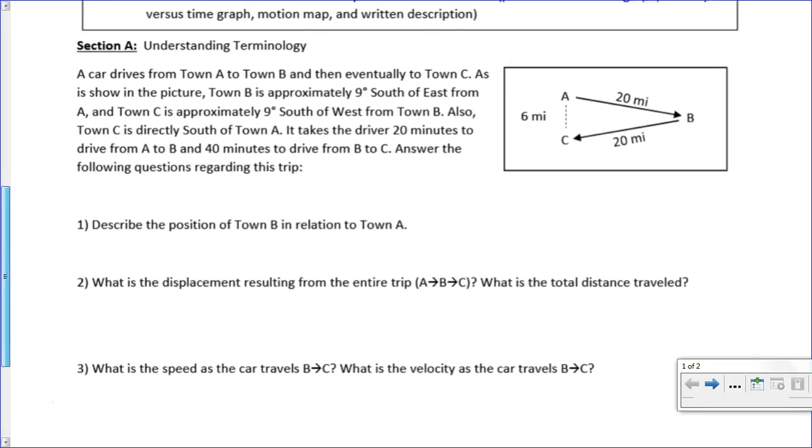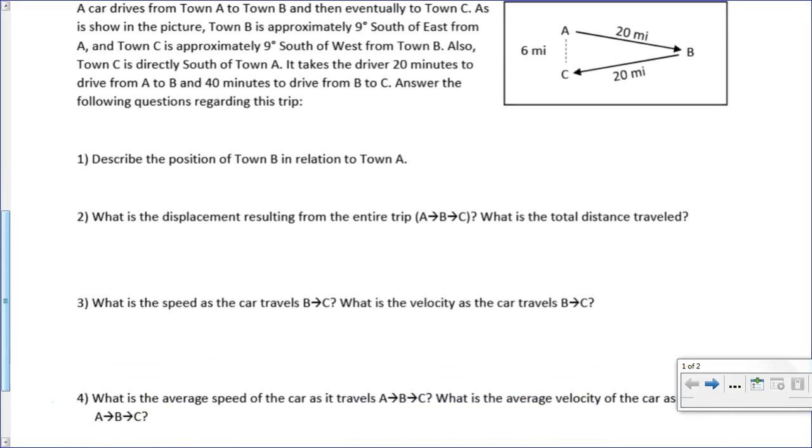So for instance, question number 1, it says describe the position of town B relative to town A. Well, you should know that position is a vector, so we need a distance and a direction. Up in the problem, I listed the direction as 9 degrees south of east. All right, so that's just right in the description above. You just have to pull it out.